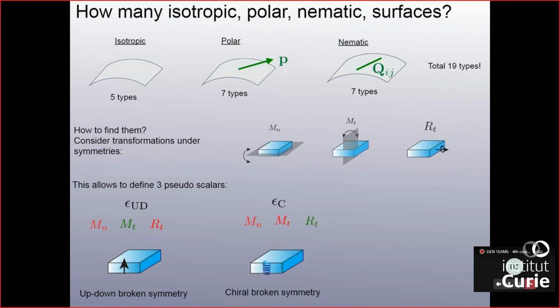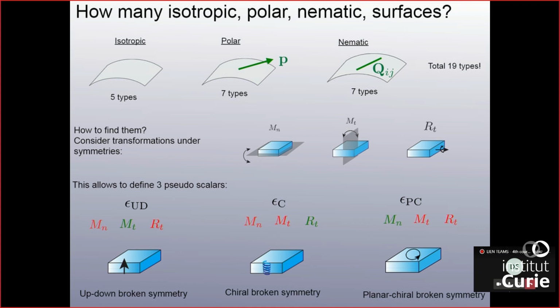I can also define a chiral broken symmetry, which is a coefficient. Again, if it vanishes, the surface doesn't have a chiral broken symmetry, and if it takes a non-zero value, then there are chiral molecules inside the surface. And there is a third type, which is distinct from a chiral surface, but which I think is sometimes mixed up, which is a planar chiral surface.